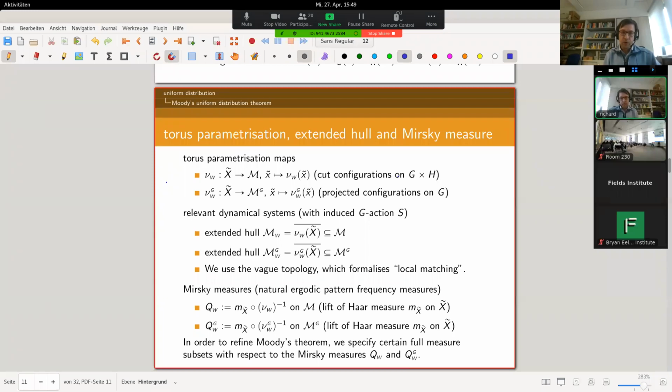So the first point is to really view this concept of taking a translation vector and then looking at the configuration as a map. So nu W should be viewed as a map from the torus into the point measures on G times H. So that's the map for the cut configurations.